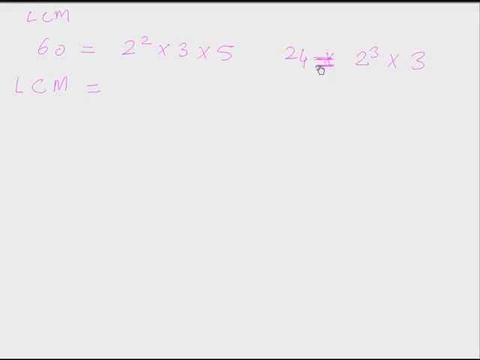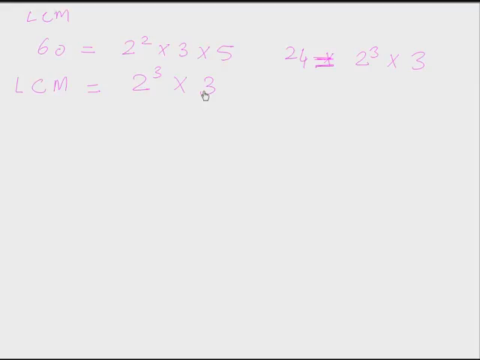So I look at the first prime factor 2. It occurs twice in 60 and thrice in 24. So I'll take it 3 times. Because I need it at least 3 times for it to be a multiple of 24. Then I look at the next prime factor 3. It occurs once in each, so I need to take it only once. Then I look at the next prime factor 5. 5 occurs in 60 once and it doesn't occur in 24.